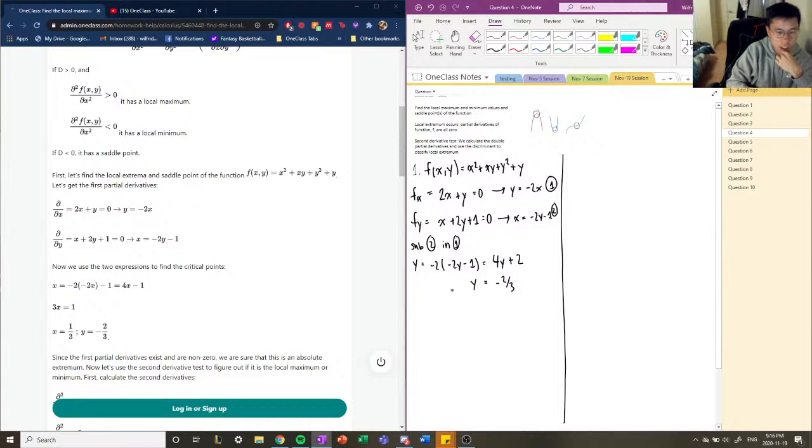Okay, so now we're going to sub this y value back into our x value. Let's label this 3. Sub 3 into 2. And we get x equals negative 4 over 3 minus 1.